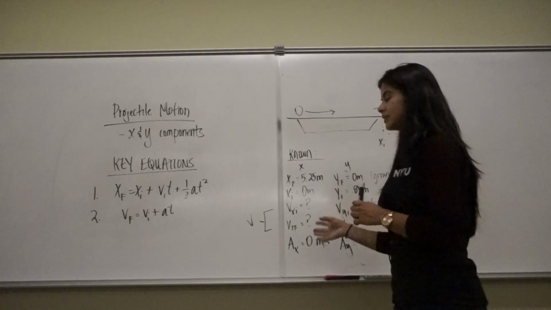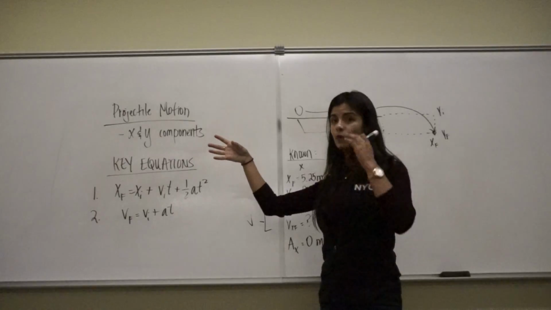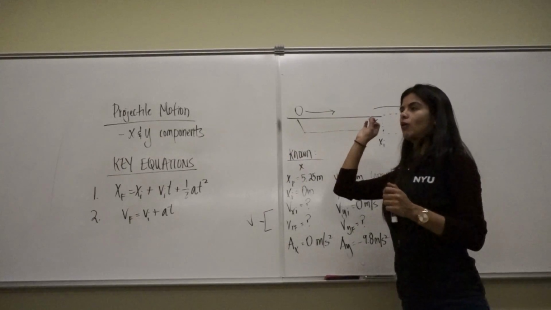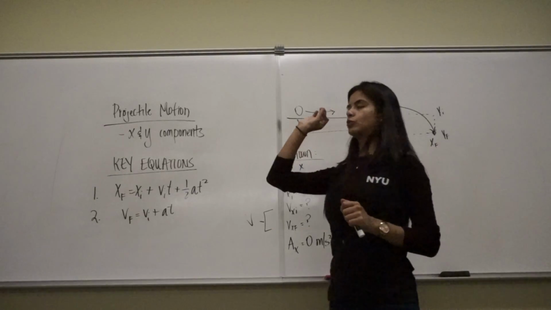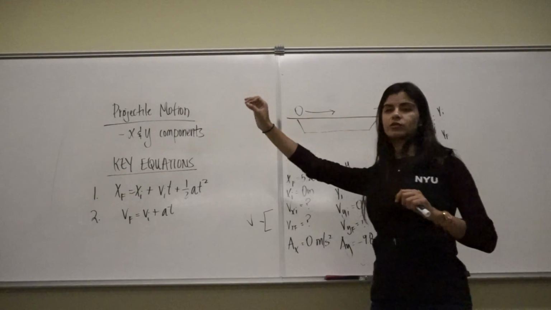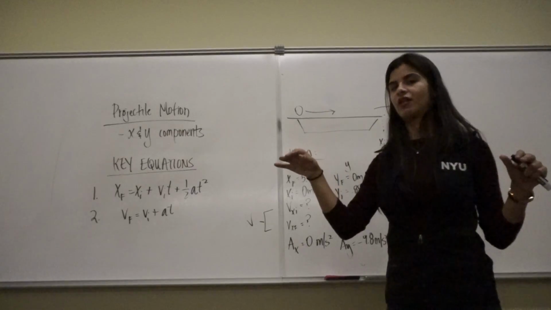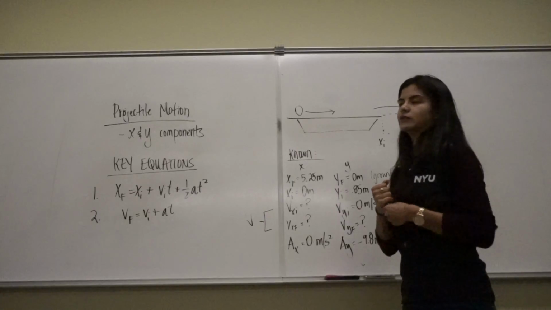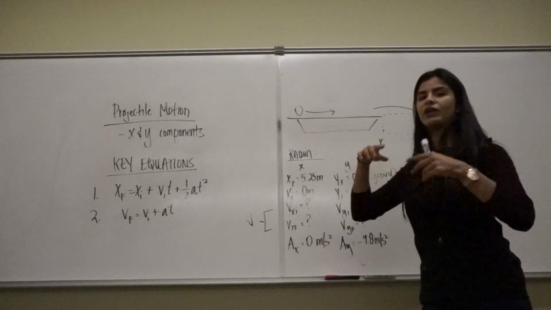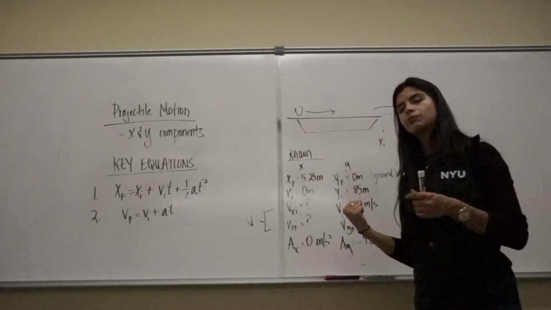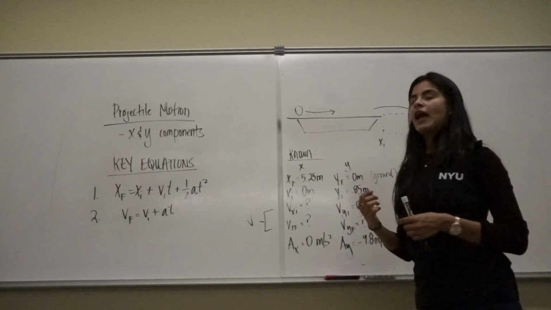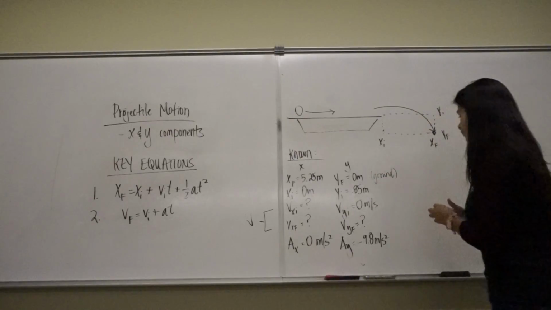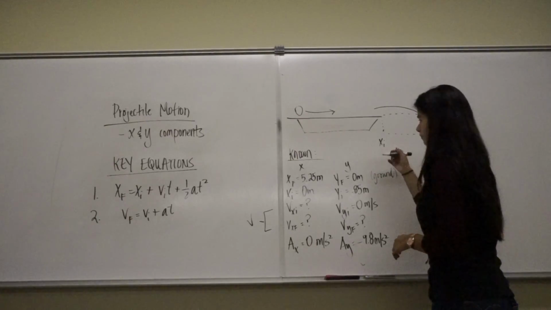So even though you did have an initial velocity when you threw it, the object will continue to travel in the horizontal direction at constant velocity. There is no other force that's continuing to push it. However, in the Y direction, gravity is continuing to pull it down, therefore it will accelerate and velocity will also be changing. Okay?